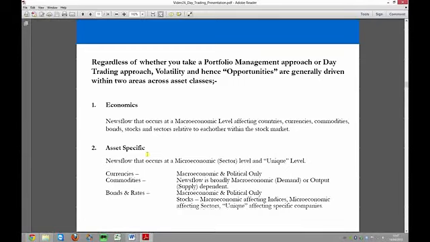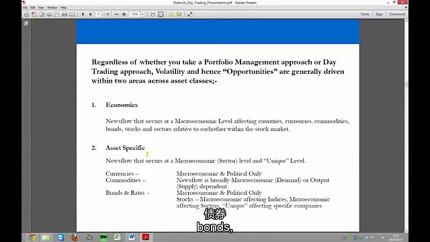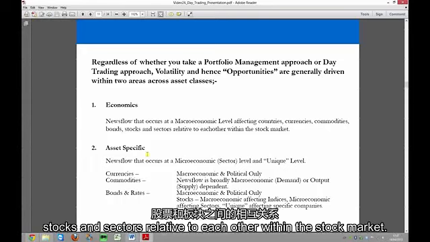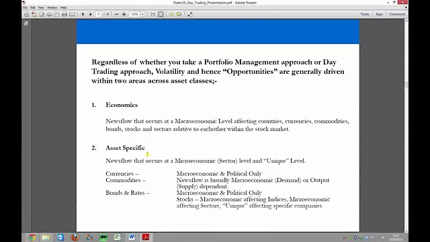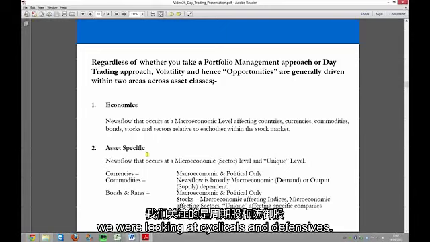And economic news flow occurs at a macro level and affects countries, currencies, commodities, bonds, stocks and sectors relative to each other within the stock market. Because when you look at stocks and sectors, we're looking at cyclicals and defensives.